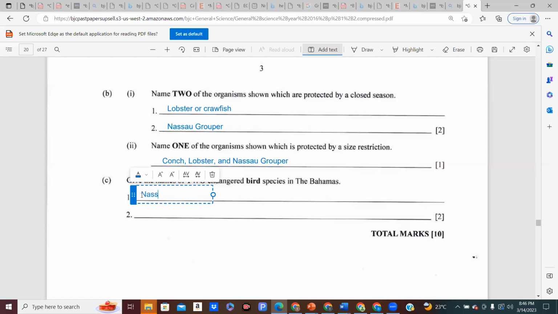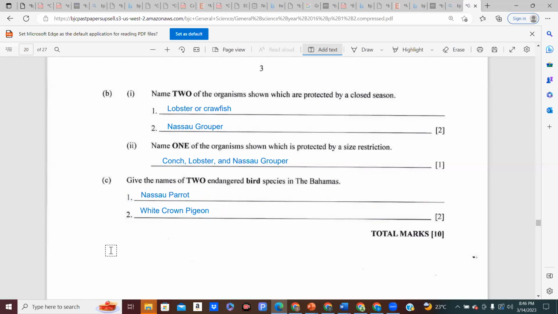I know of the Nassau parrot and the white-crowned pigeon. They are endangered. Okay. Write that down for me and send it to me via WhatsApp.